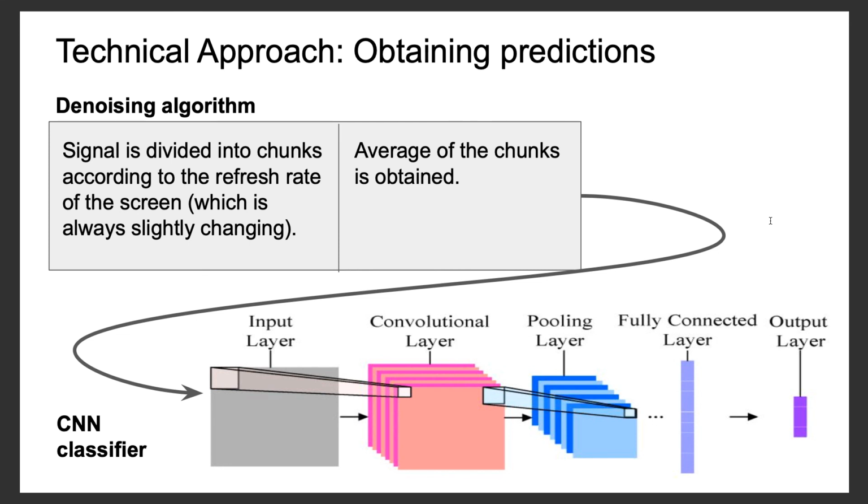Then with that size, you average many of those chunks to obtain a representative chunk with lower noise, which serves as the input to our convolutional neural network classifier, which has a softmax output layer. In my case I'm testing with 5 websites, so it has 5 classifications.